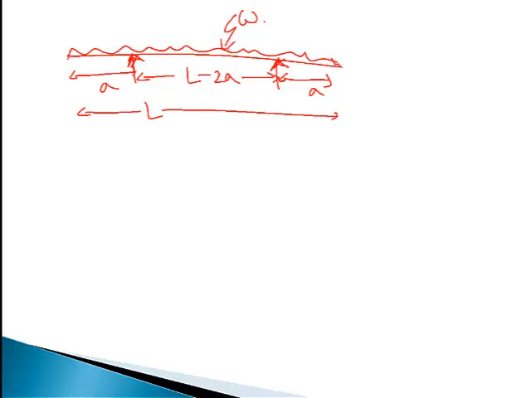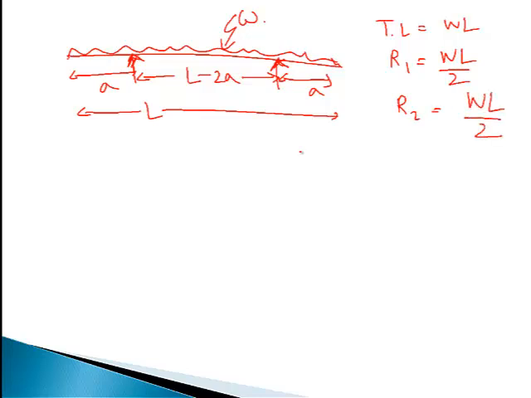So what will be the total load? Total load will be W into L, total is L, so total load is WL. So the reaction will be how much? Just divide it by 2 into 2 parts.